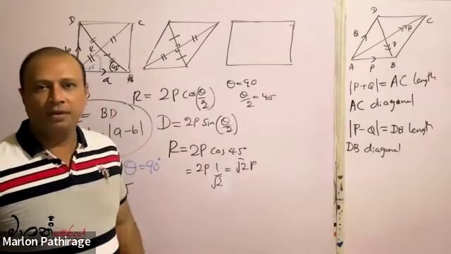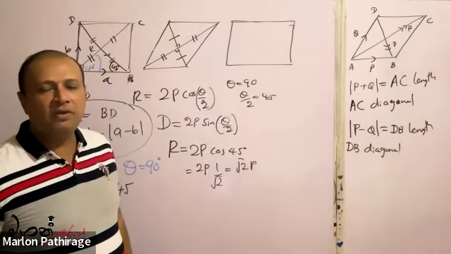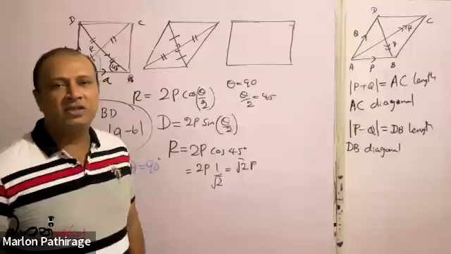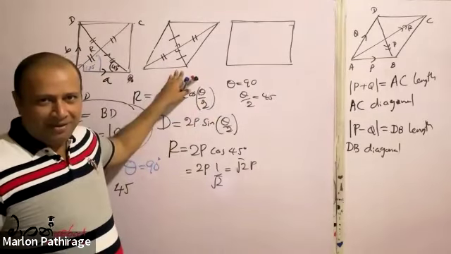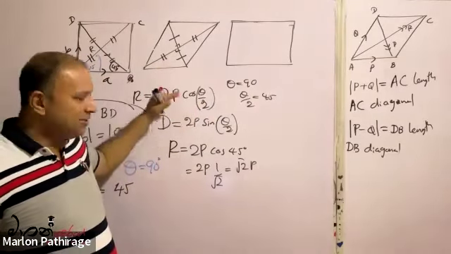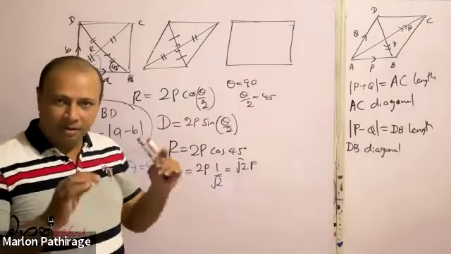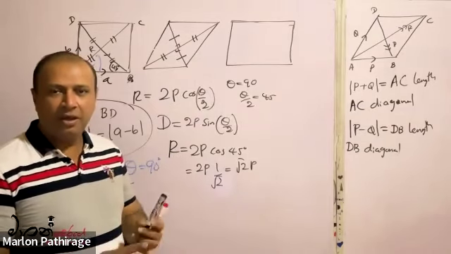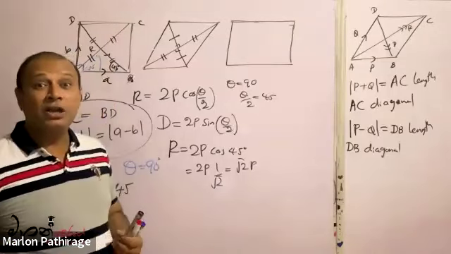Therefore, whether it is a rhombus or a square, we can apply it, because in both cases the two forces are equal in magnitude. This theorem is valid for all rhombuses and squares because it is valid when two vectors are equal in magnitude.